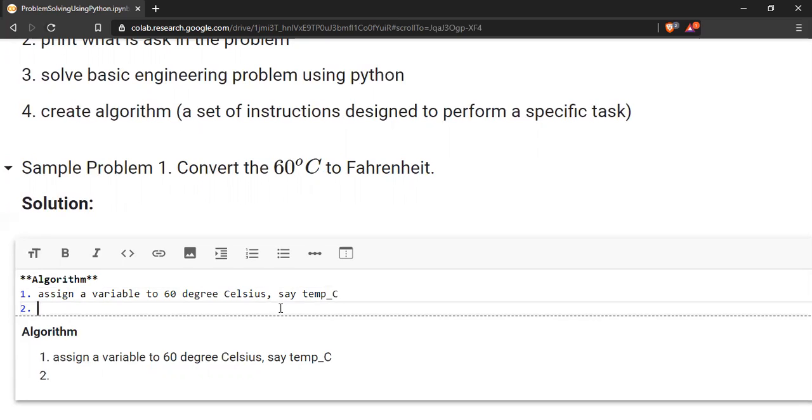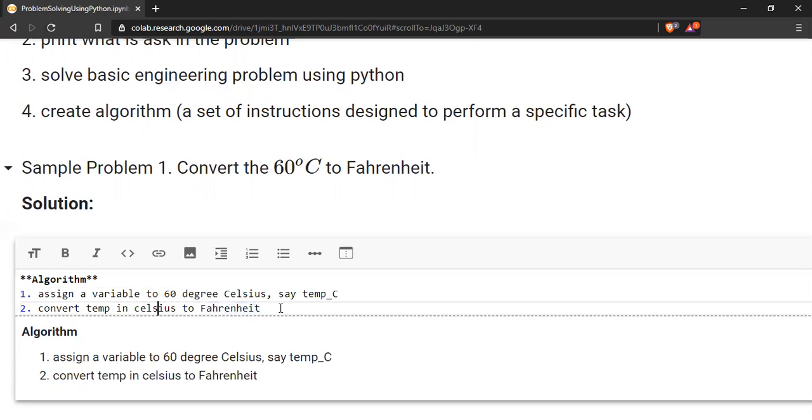If you can still recall, we will assign temperature in Fahrenheit as temp underscore F. That will be your temperature in Fahrenheit. All right. Now, in your next step, you are going to convert temperature in Celsius to Fahrenheit.